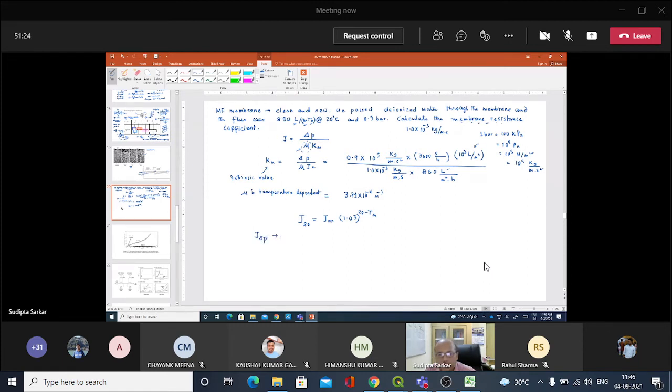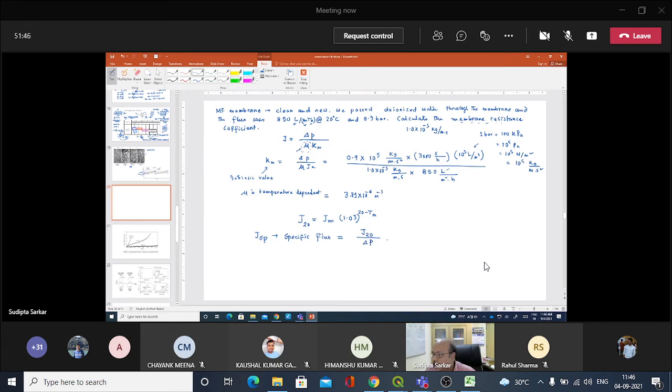JSP is the specific flux, and that is defined to be equal to J at any temperature, so let's say J at 20 degrees centigrade, over delta P.